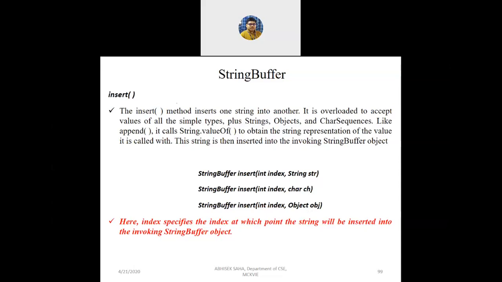So again we take this line into consideration: it calls String.valueOf to obtain the string representation of the value. So each and everything gets converted to a string by calling this method valueOf, and then that string gets inserted into the invoking StringBuffer object.